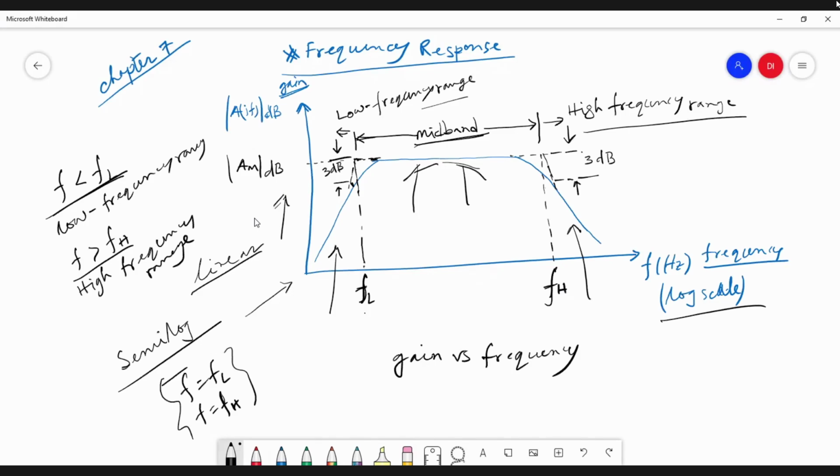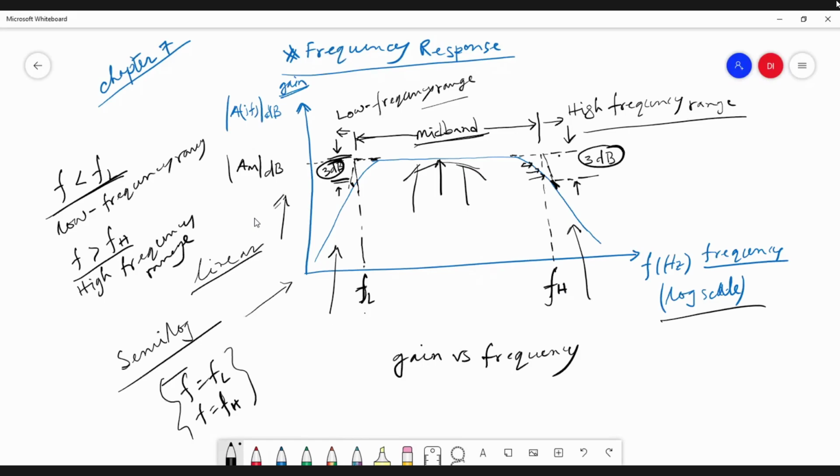Later on we will see in detail which portion is 3 dB. Specifically, from where the slope is starting and constant, this duration is 3 dB. The 3 dB point is always less than the maximum midband, somewhere here or here, where the slope starts.